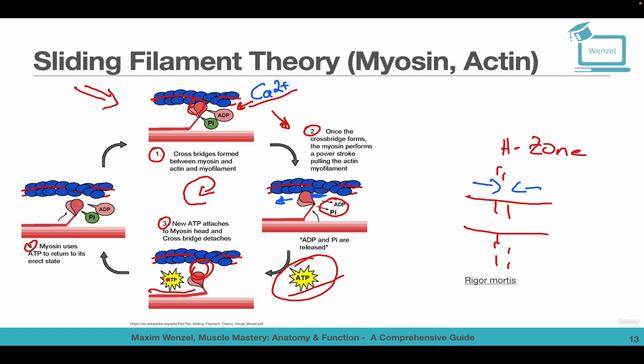Calcium's role in exposing actin binding sites initiates the contraction process, while ATP hydrolysis fuels cross-bridge formation, the power stroke, and the cross-bridge detachment. The removal of calcium, as you see here, and the repositioning of tropomyosin contribute to muscle relaxation at the end of the contraction.